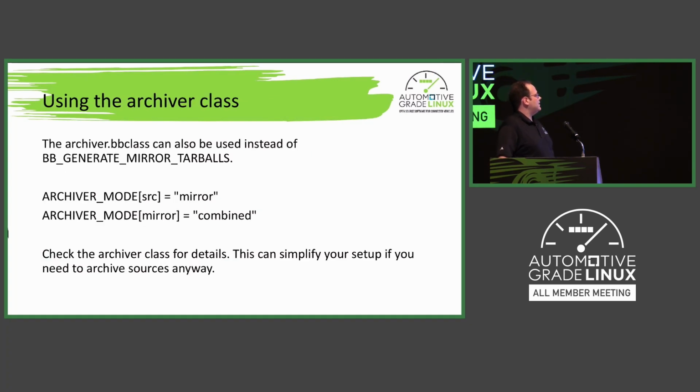To help you, beside generating mirror tarballs, there is also the archiver class that you can use, and you can configure the archiver in this way, and the outcome of this will be something you can put on a web server and point your build process towards as a premirror and be done. So this is the way how you would fill a premirror essentially.